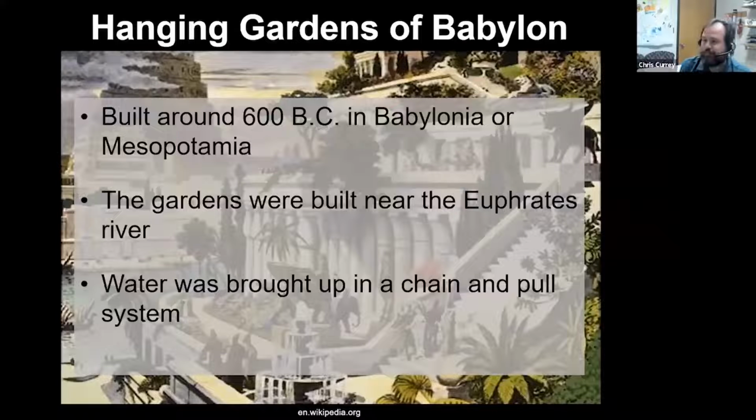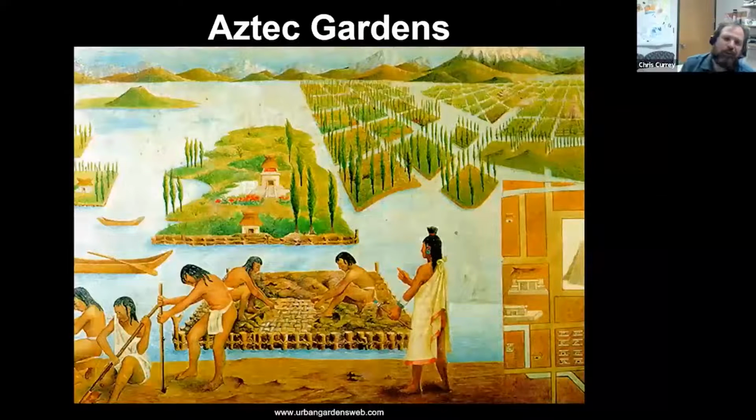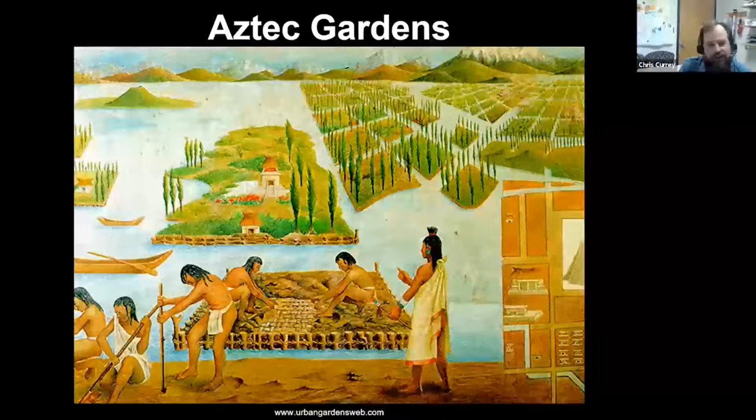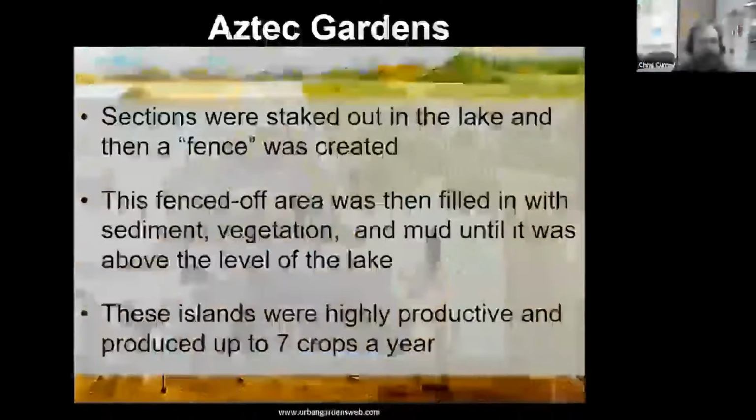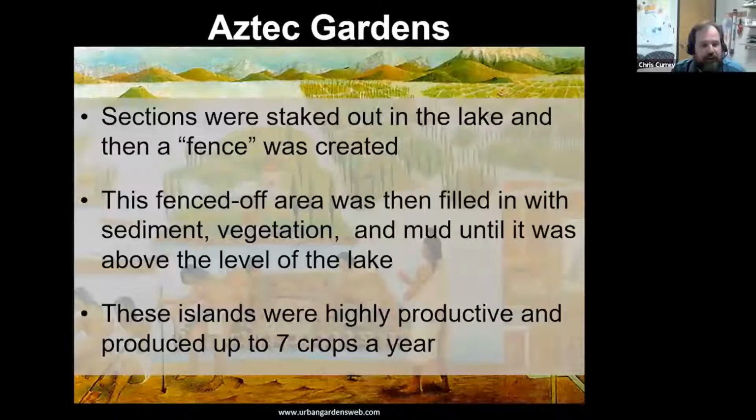Another early example could be the Aztec gardens from South America. They were built in bodies of water, and some of the best examples were in Lake Titicaca. Sections were staked out in the lake, and a fence was created. Then inside of this fenced-off area, it was filled in with sediment, vegetation, and mud until it was above the level of the lake.